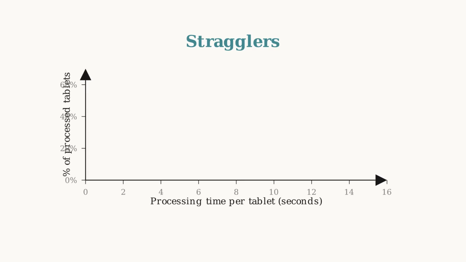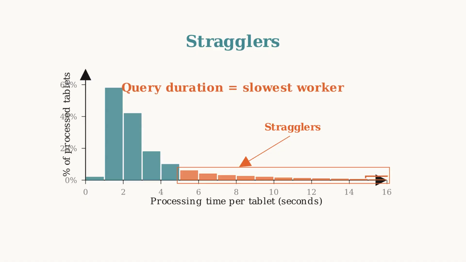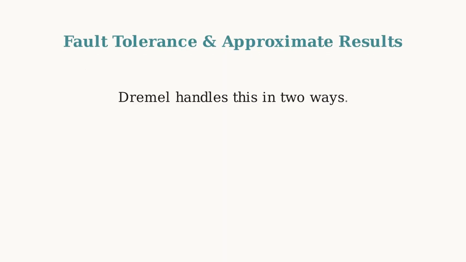There's another problem that comes with 1,000 machines, stragglers. At any moment, some worker is slow, a bad disk, a busy neighbor on a shared machine, a preemption by the cluster scheduler. If you wait for every last worker, your query takes as long as your slowest machine. Dremel handles this in 2 ways.